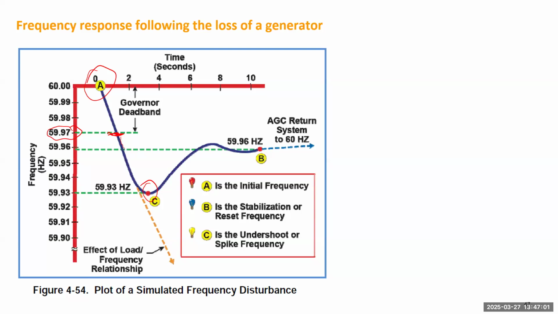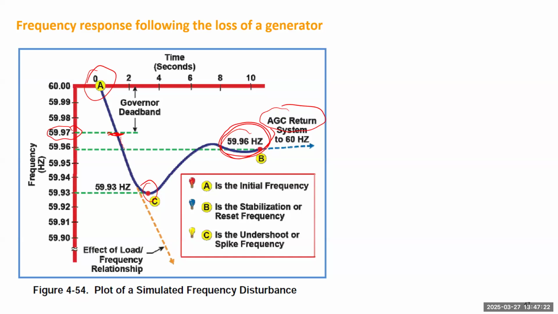But if you only rely on the governor, it will finally stabilize at some frequency near 60 Hertz, but not exactly 60 Hertz. So in the third stage, you need to utilize AGC to bring the frequency back to 60 Hertz.